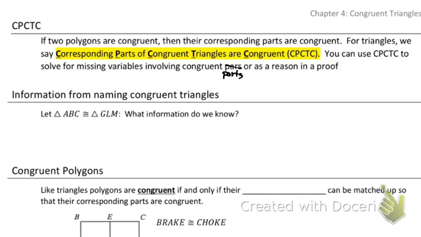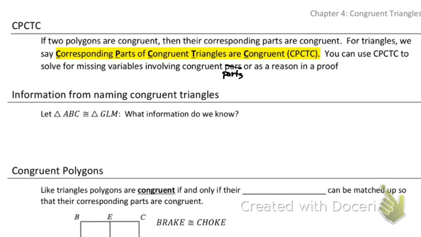What CPCTC lets you do, as soon as you say two triangles are congruent, is say that angle A is congruent to angle D. You can say angle F is congruent to angle B, or however the order is. This is going to be your reason once you know two triangles are congruent. So remember, CPCTC.